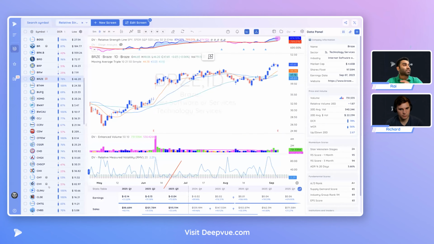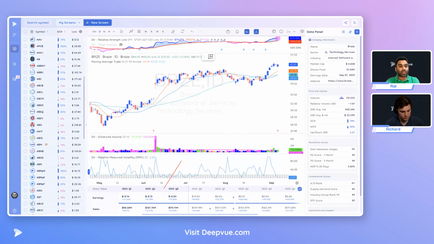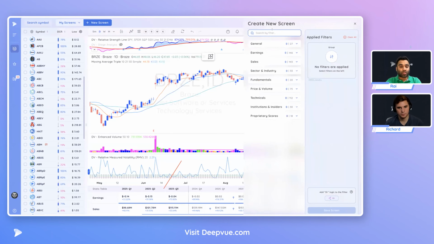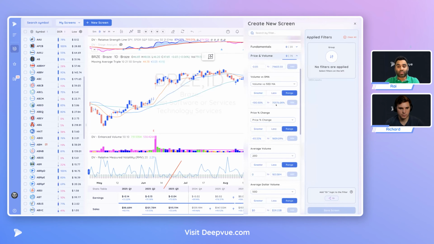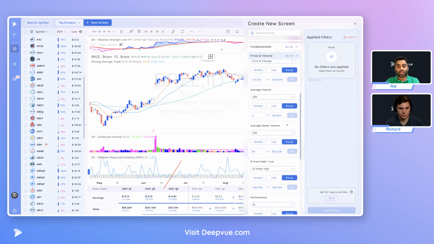So let's see. We got RS. We got basic price versus SMA. One of the biggest components in scanning in terms of liquidity is dollar volume. So we have average dollar volume on a 50 and a 20-day basis. That gives you a measure of the liquidity of the stock itself.